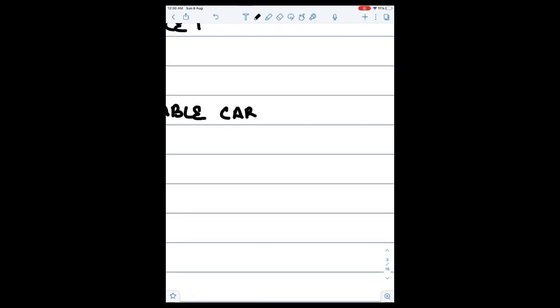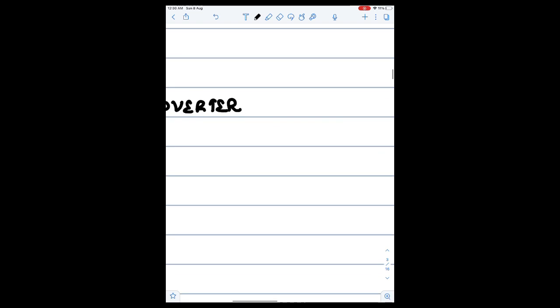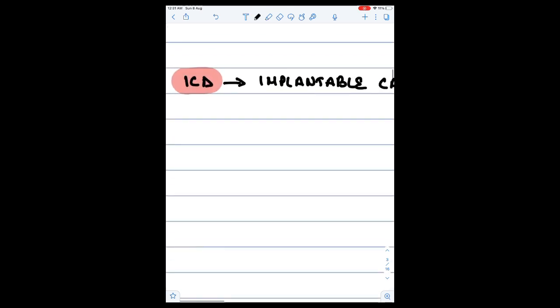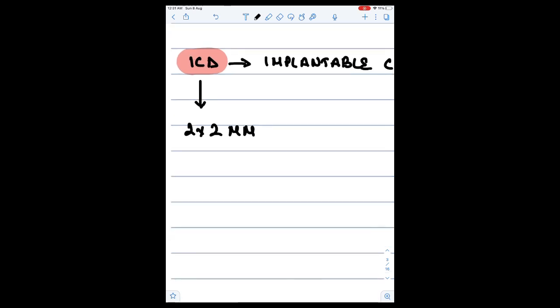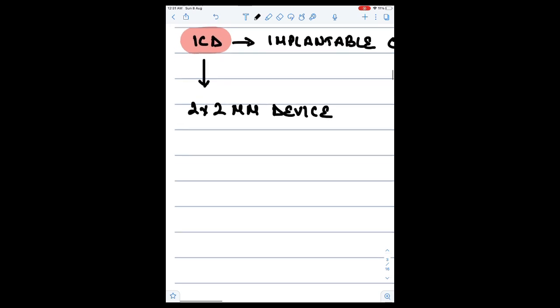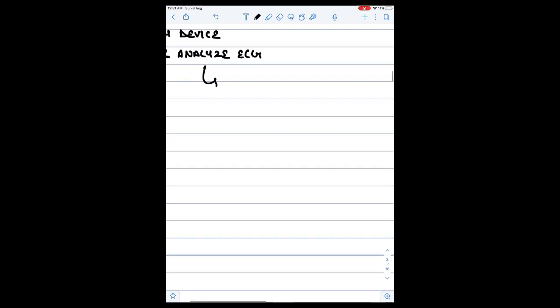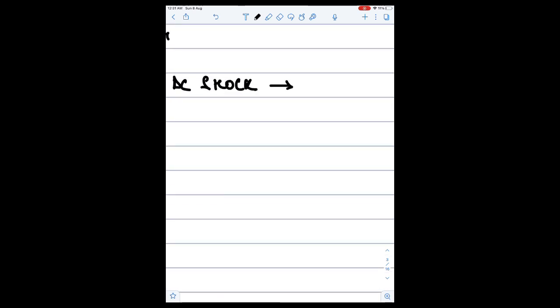What is ICD? ICD is an implantable cardioverter defibrillator. It is a small device, 2 by 2 millimeter, which reads and analyzes the ECG and gives the DC shock to prevent the sudden death of an individual.